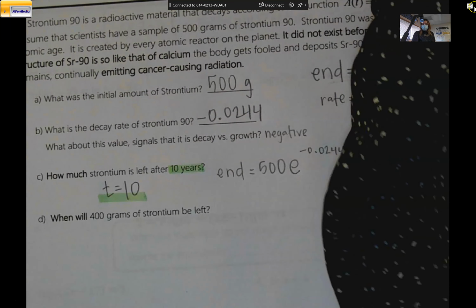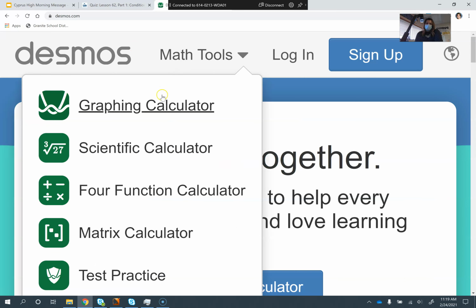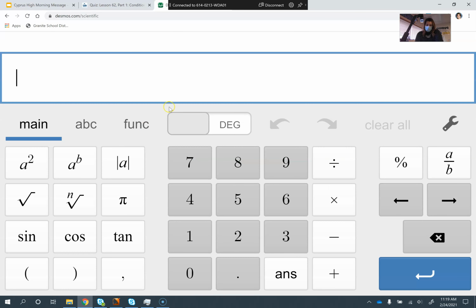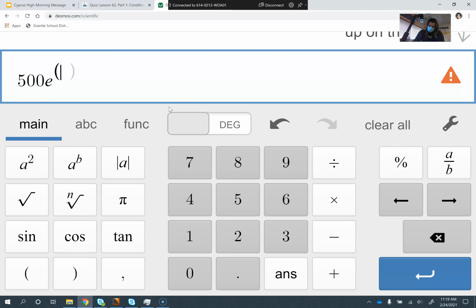We can just plug this into Desmos. I'm going to go to the scientific calculator and type in 500, letter E, shift 6, parenthesis, negative 0.0244 times 10. 391.7 grams. Did anybody else plug it in? Did you get what I got?